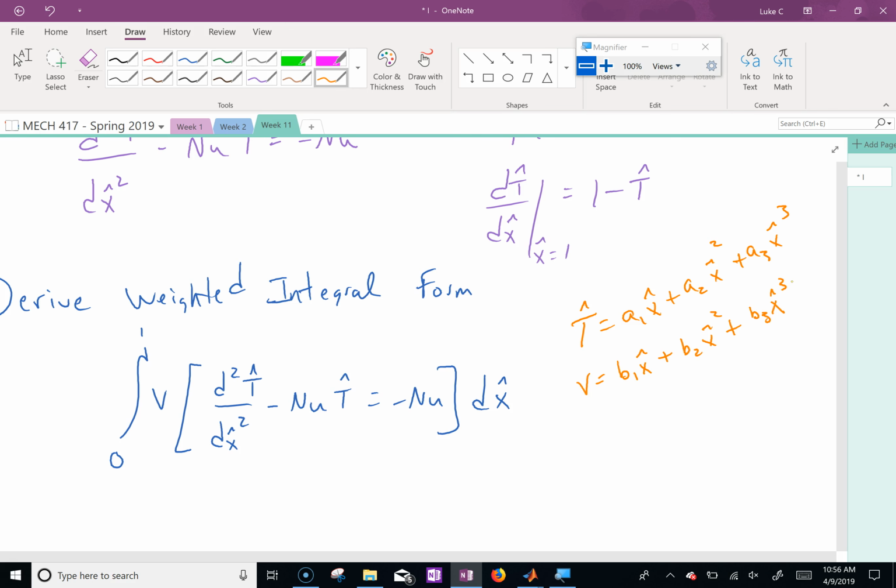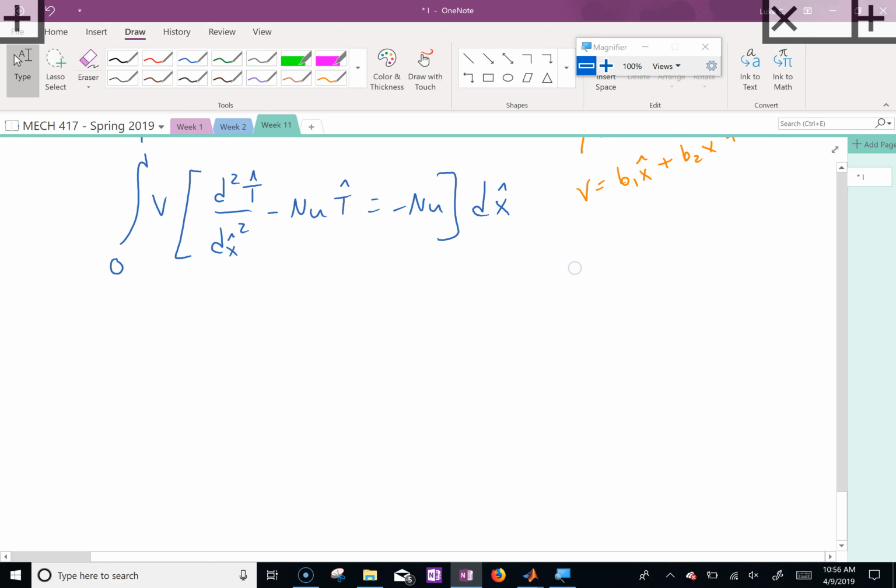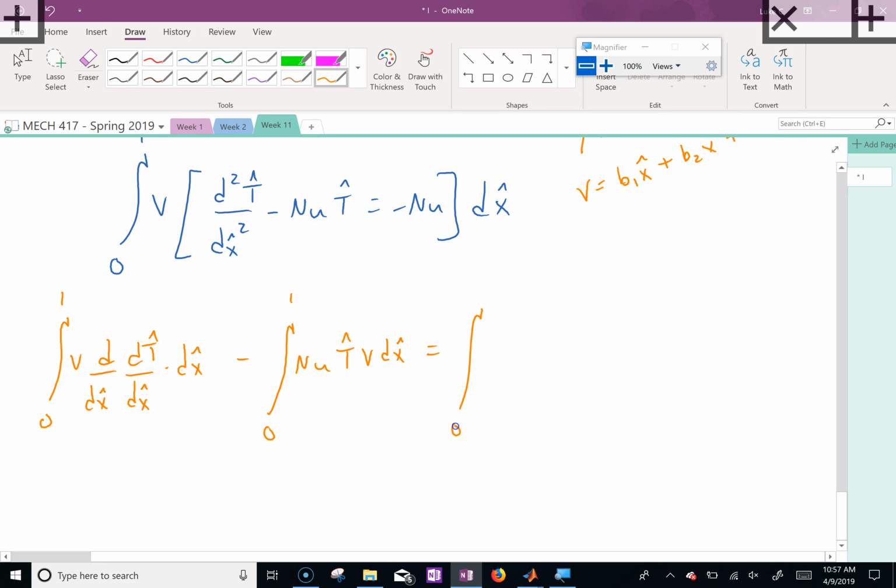So, let me break this up into terms. We have this first term, v d over dx hat, dt hat over dx hat, times dx hat, minus integration of 0 to 1 of nu t hat v dx hat equals integration 0 to 1 minus nu v dx hat.